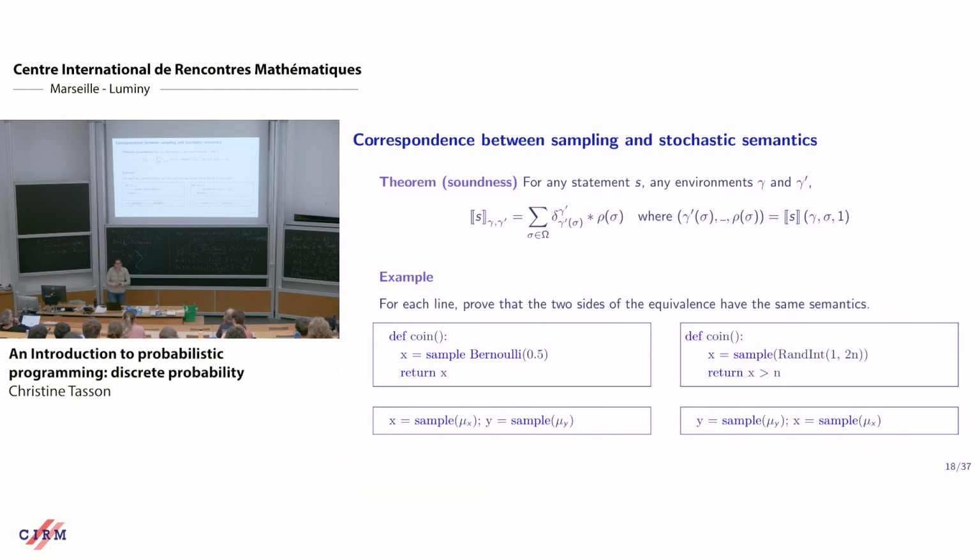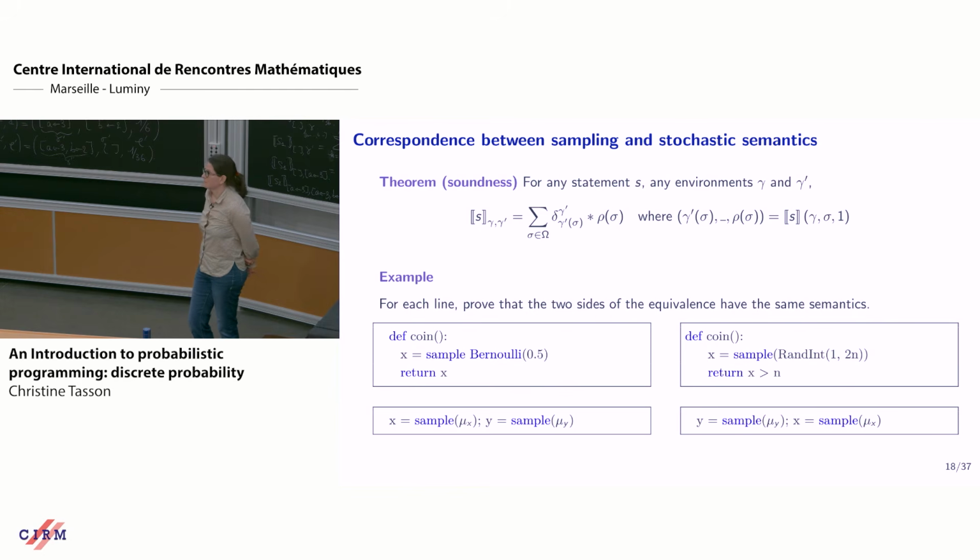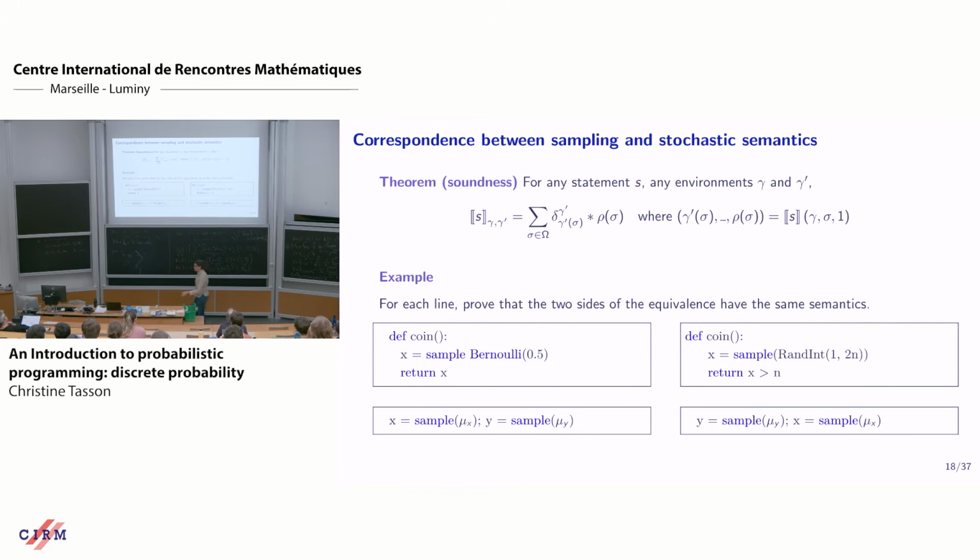But it is really useful, these two ways of reasoning. So for instance, we want to prove that the left-hand side coin is the same thing as the right-hand side coin. How will you do that? I'll let you think.